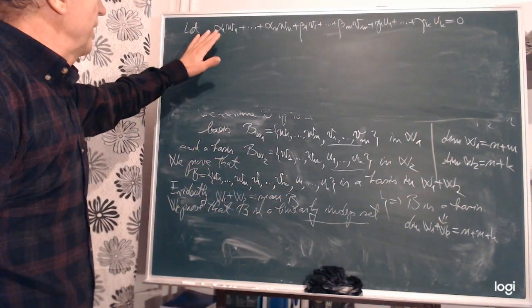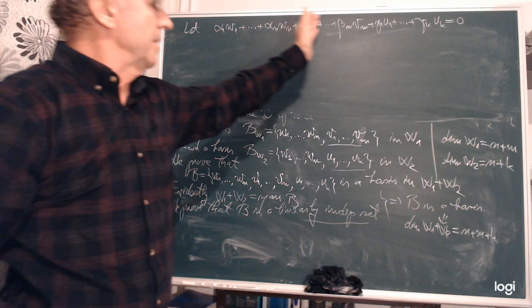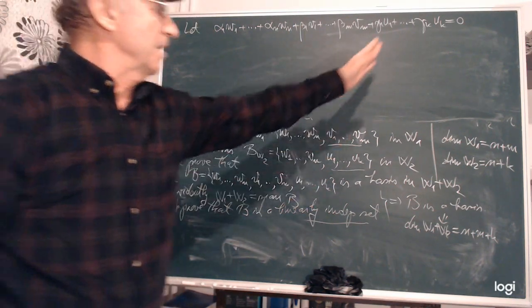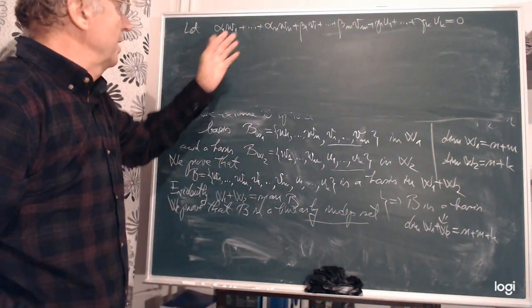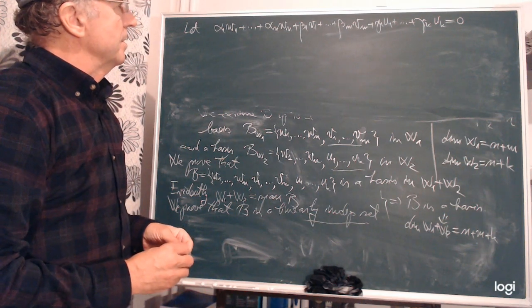So we have to prove that a linear combination of all these vectors can be 0 only in the case when all the coefficients are 0.